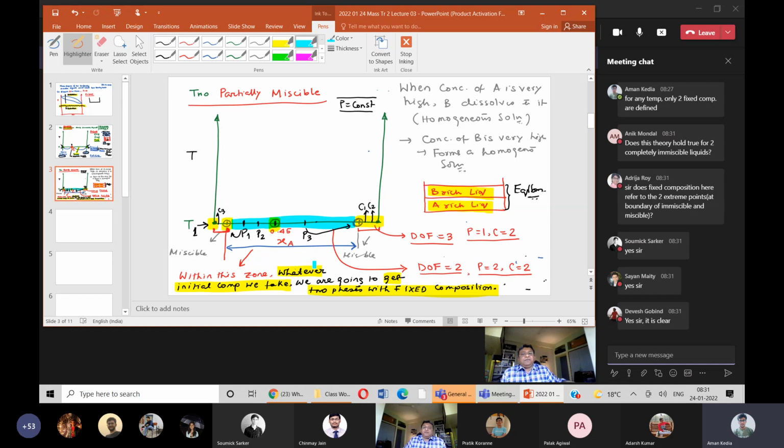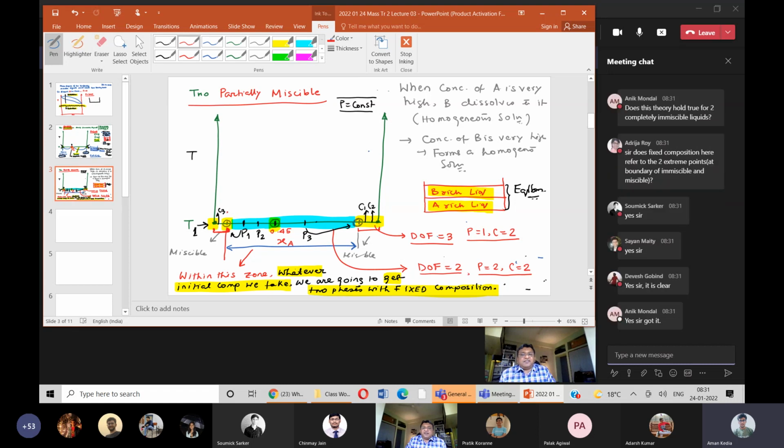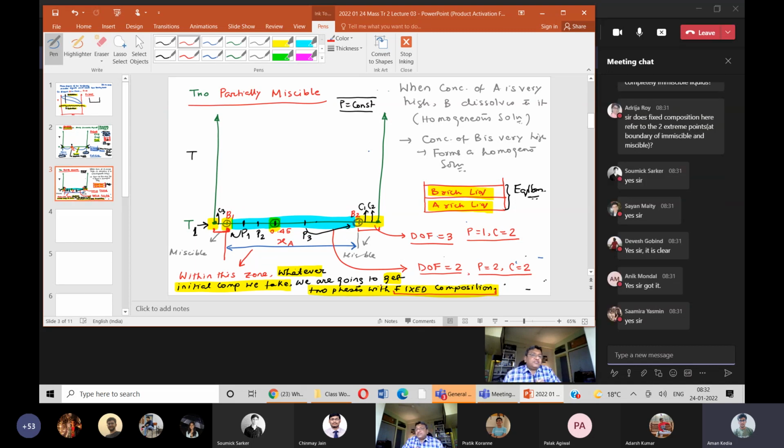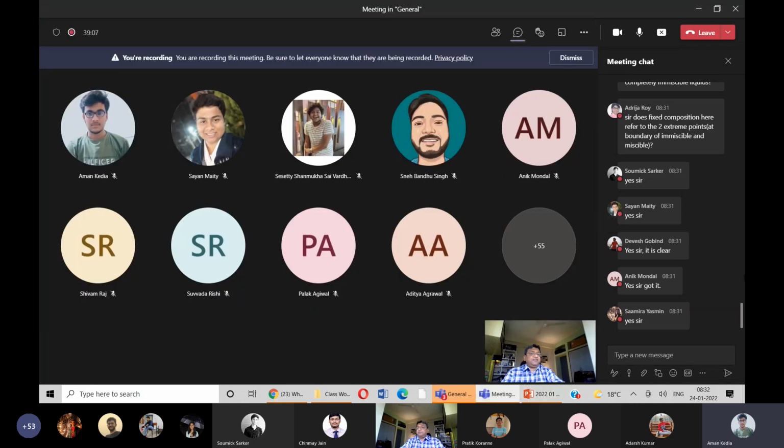Yes, Adrija, perfect. So let us identify these points as, let's say, B1 and B2. Yes, the two phases, two fixed compositions, are the compositions corresponding to points B1 and B2. Anik, is your question clear? This is perfectly valid for miscible as well as immiscible liquid.